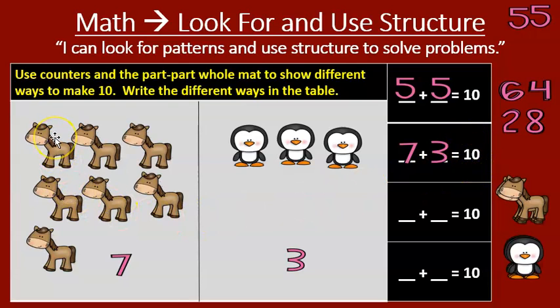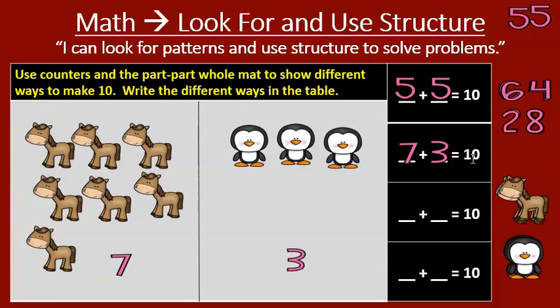And if we count them all up, let's count them up to make sure we have 10. 1, 2, 3, 4, 5, 6, 7, 8, 9, 10. We have 10 animals all together. And that is true. We have 10 here, okay?